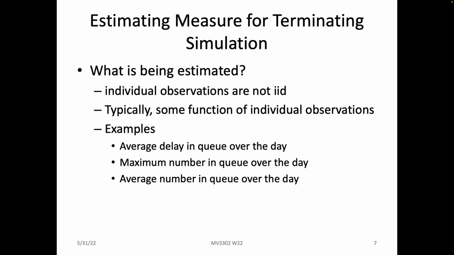What about the second guy? Yeah, exactly. If we have K servers, then the first K customers will always have zero delay, because they're always going to find an available server. What about the K plus first guy? Is the K plus first guy going to have a delay in queue of zero for sure? No. So it depends on a lot of complex things.